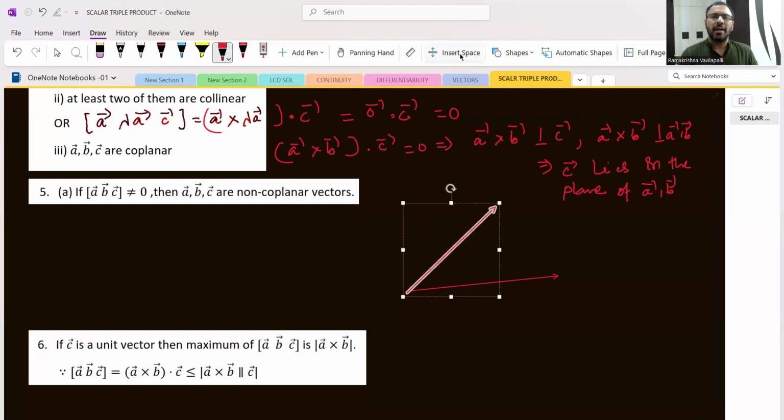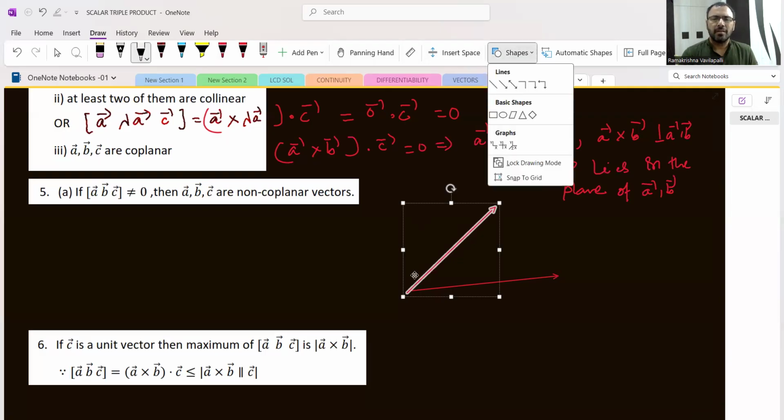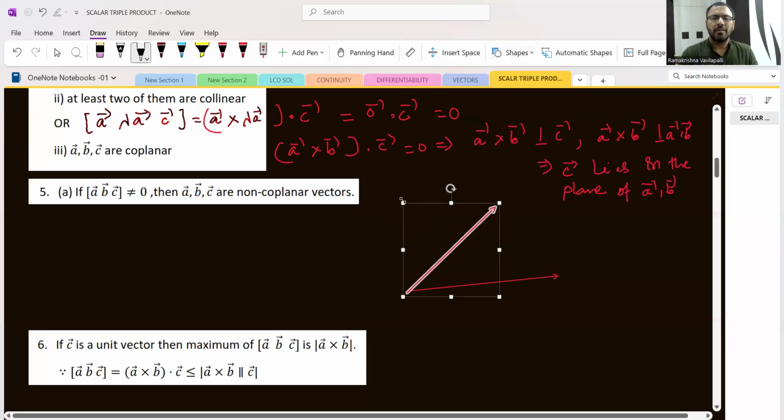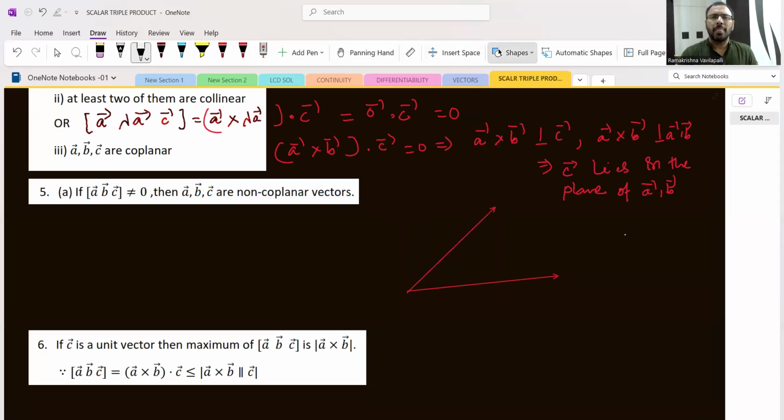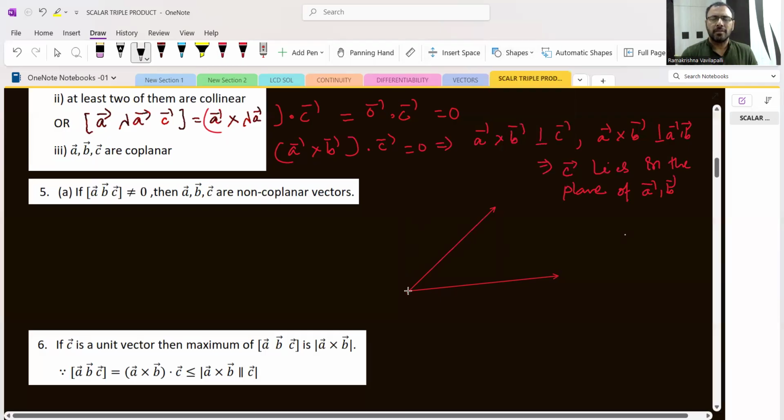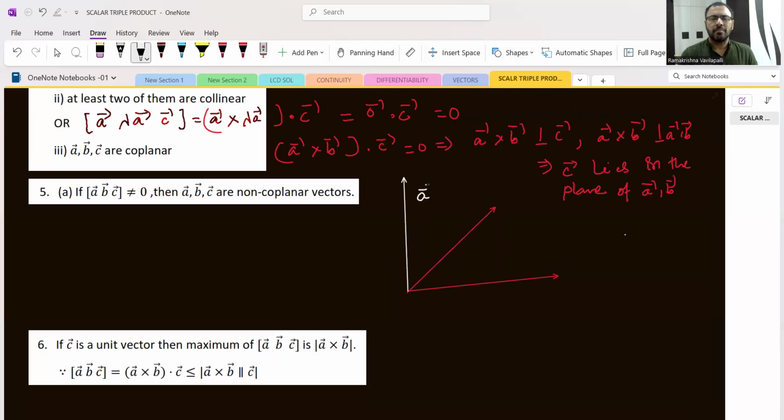One vector I'll take is A cross B. This is the A bar cross B bar vector. And assume this is the A bar vector and this is the B bar vector.